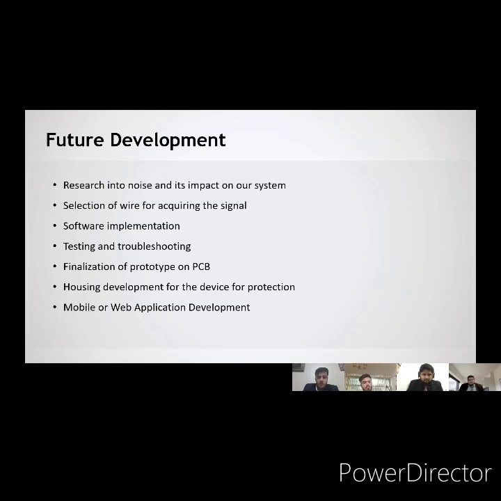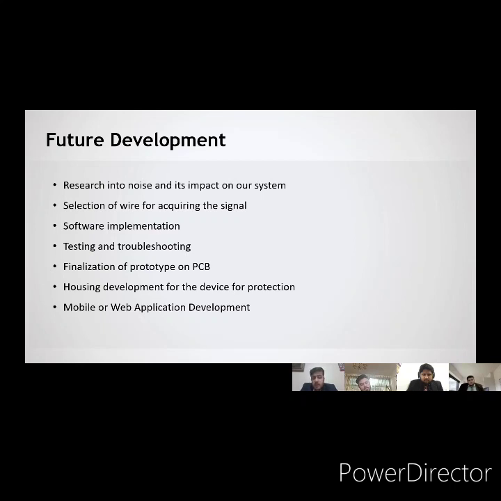Regarding the future development, we have a bit more research to do and more ideas to explore. We need to do more work in evaluating the noise and its contribution to our overall system. The selection of wire to serve as the probe of our system is also something we are looking into.